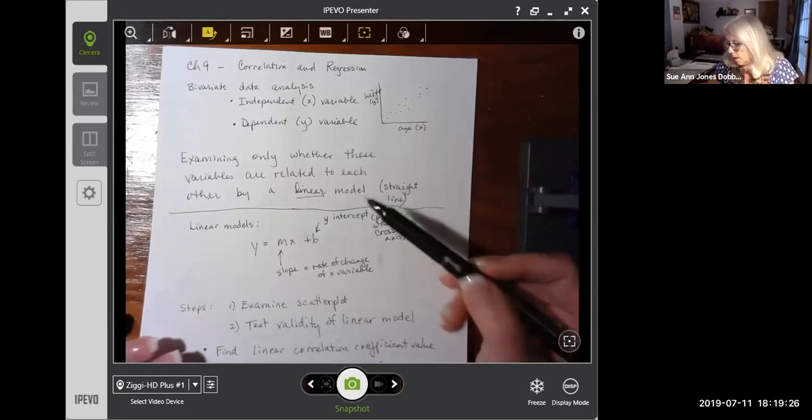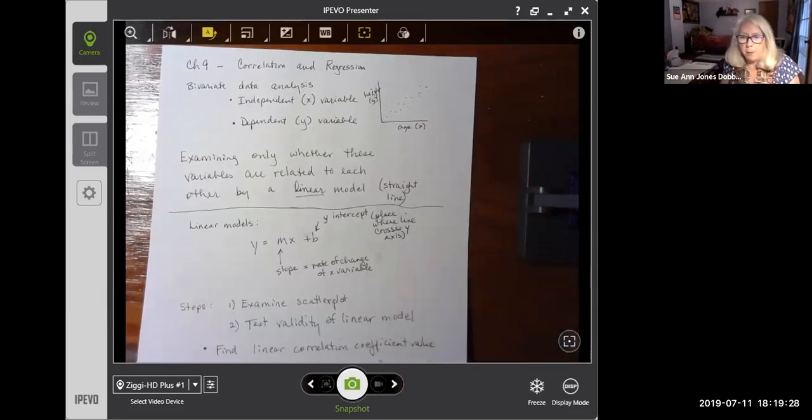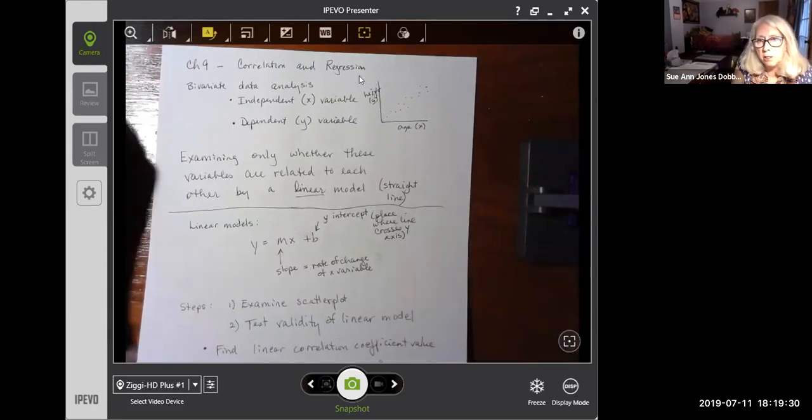And I want to show you a picture. Here, I'm going to change the share and show you a picture of several realistic data pieces.